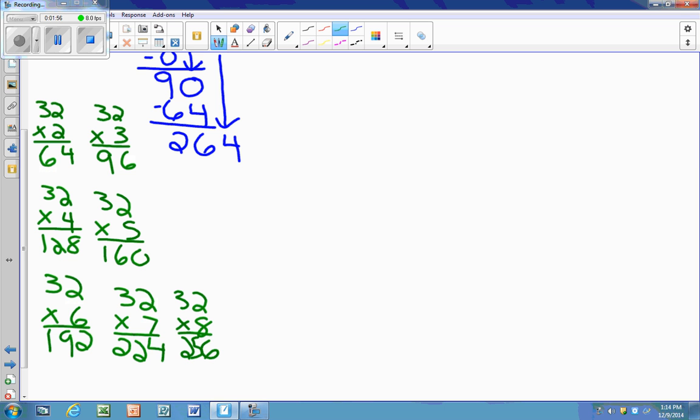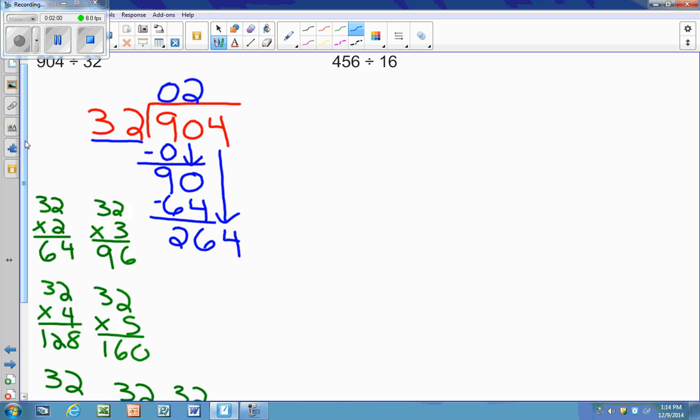And that looks like it's close enough, which would be 32 times 8, so it goes in 8 times. And I saw that that made 256. And I subtract.